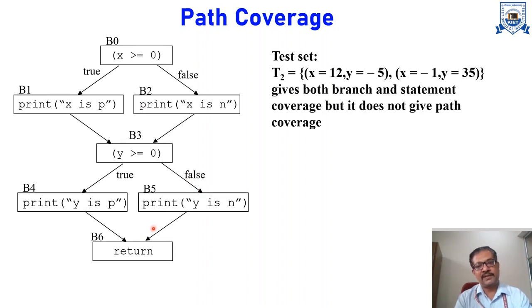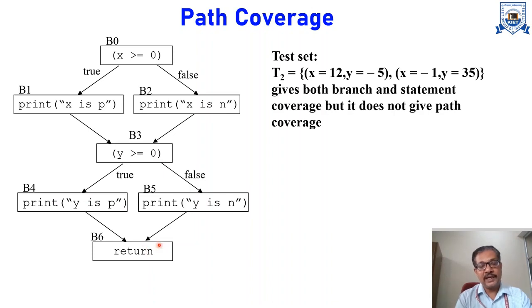So one path traversed. If you take x equals -1 and y equals 35, then what is happening? You check the condition, it fails, move this way, execute B2 node, move this way. Now you are checking if y is greater than or equal to 0. Yes, true, move this way. So B4 node executes, you are going to print y is positive and then return. Right?